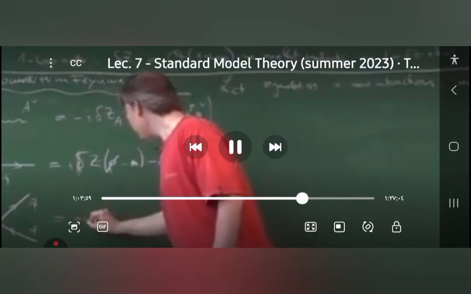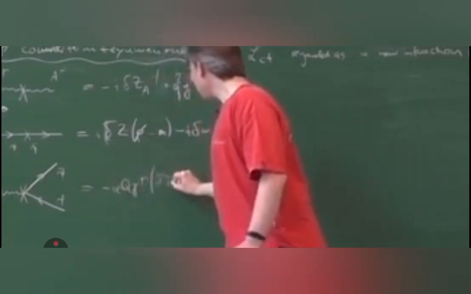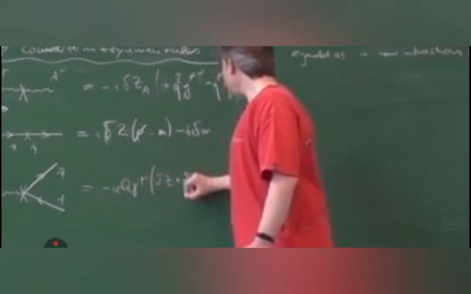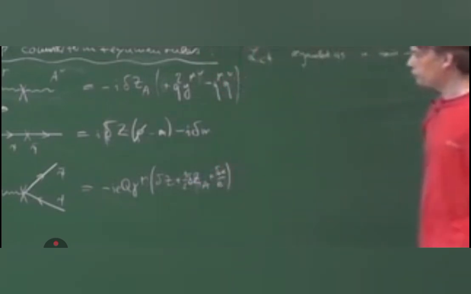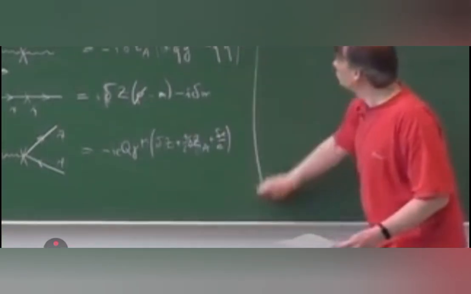So it is minus i e Q gamma mu times delta z plus 1/2 delta z_A plus delta e over e. This is the complete set of one-loop Feynman rules in QED.